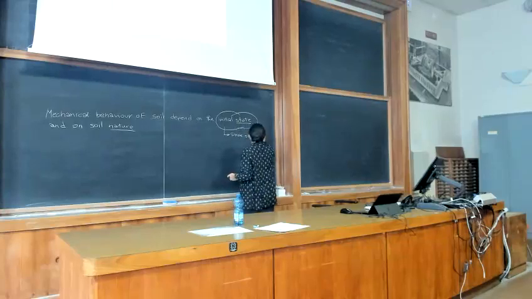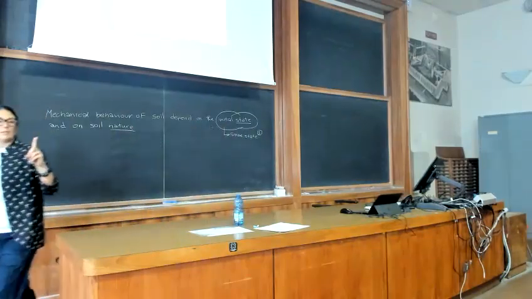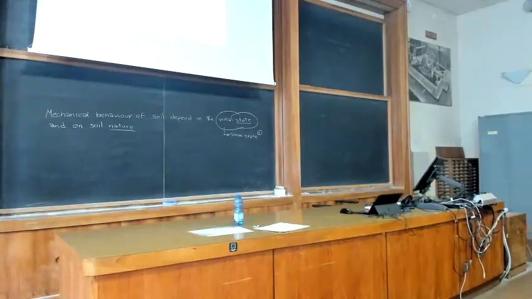But this is not the only one. There is the stress state, but then we will see, talking about critical state soil mechanics, that there are lots of more elements, like the stress history, for example. Other things that we have to consider in order to be sure to have a good prediction of the answer of soil behavior.